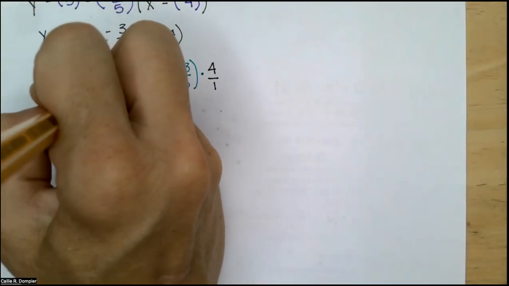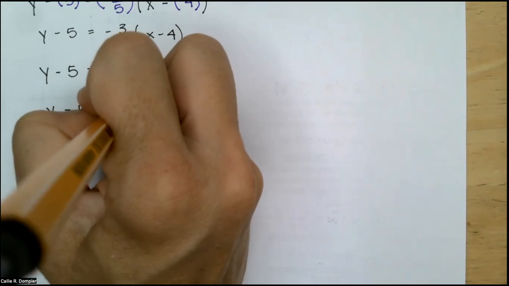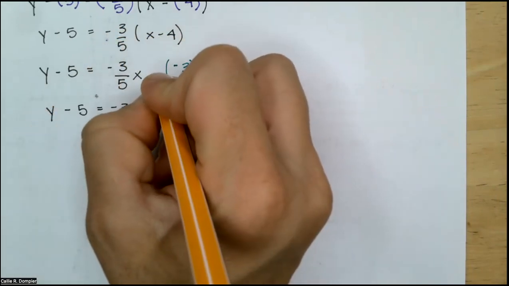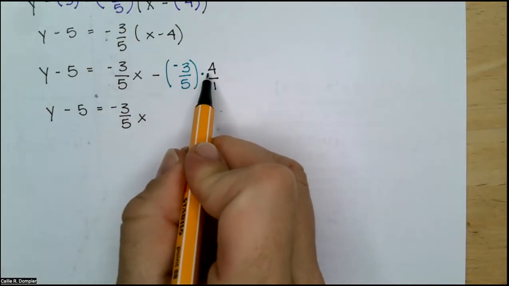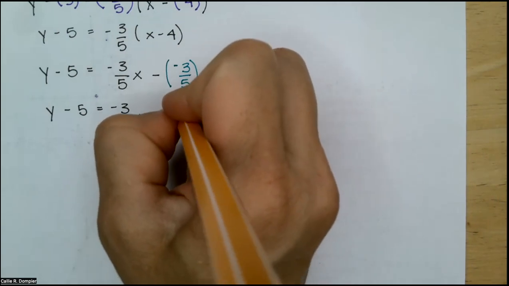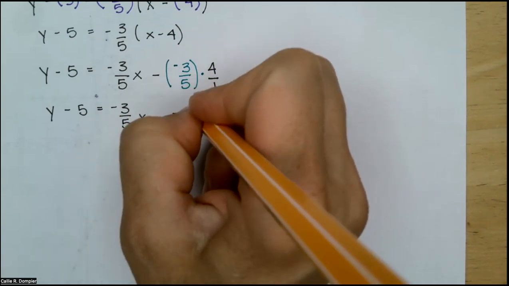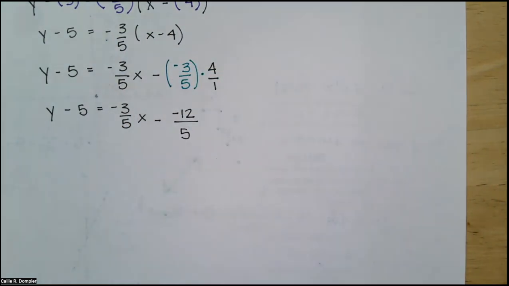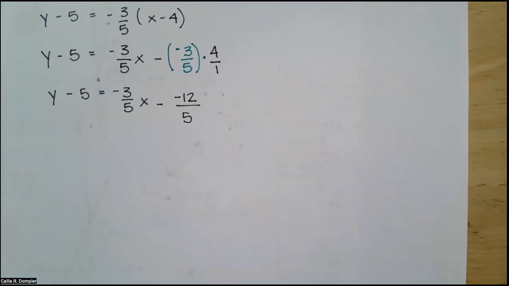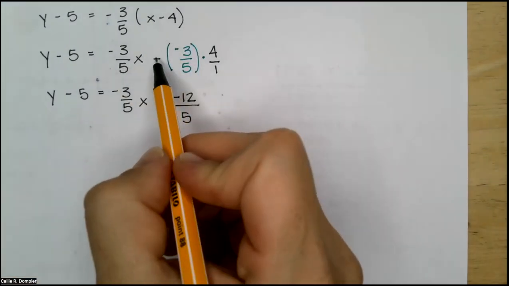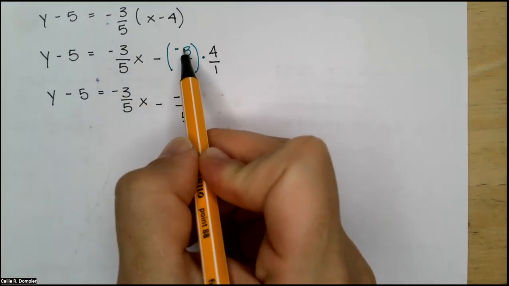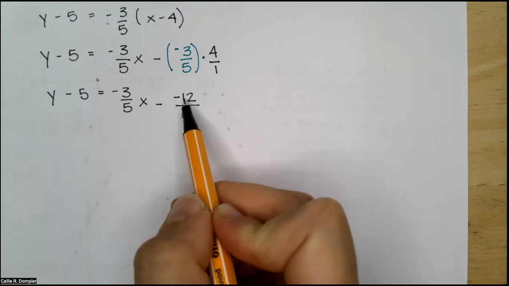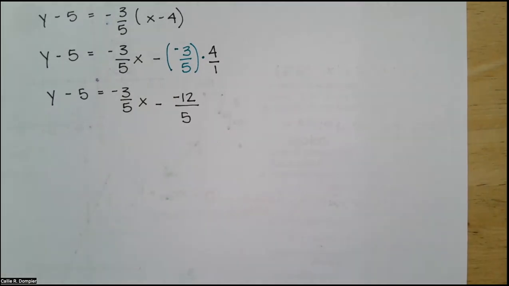That stays the same. Y minus 5 equals negative 3/5 x. Negative 3 times a positive 4 is a negative 12. 5 times 1 is 5. And then we still have that minus out in front. Or if we had put the minus with the 4, then it would have been negative 3 times negative 4 is a positive 12, and that would have been a plus, right?